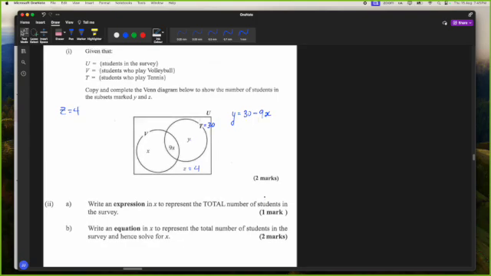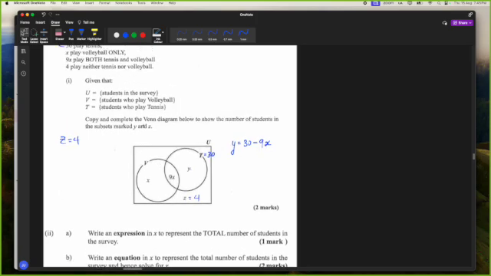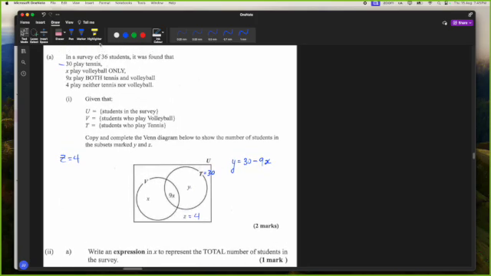Write an expression in X to represent the total number of students in the survey. So the total number of students in the survey is 36 students.